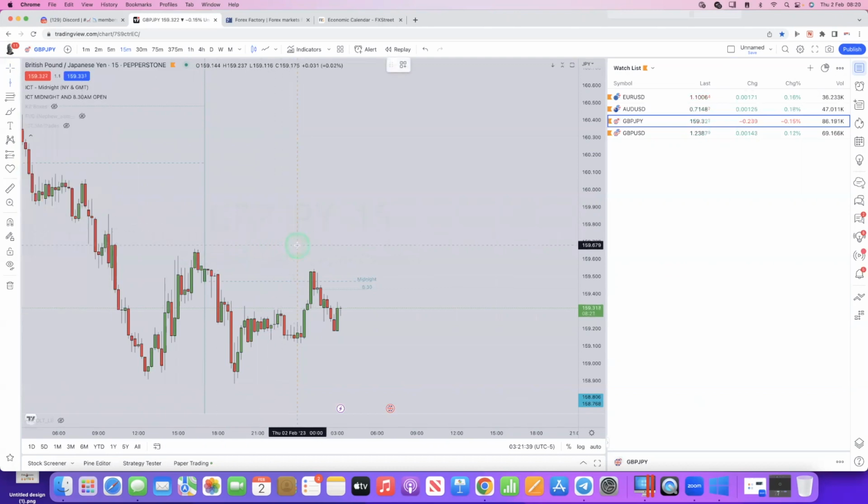The vertical line goes on the midnight time frame, and then the midnight line, or I should say the high, and then the low.